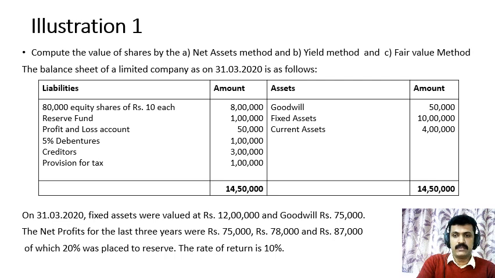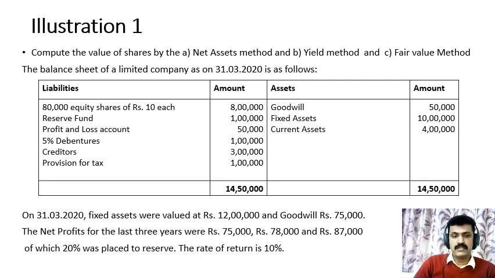Then in the second method, the yield method, first we have to calculate the average profits of the company. As you can see here, the profits of the company are increasing year after year. Therefore, we have to adopt the weighted average profit method to calculate the average profits.